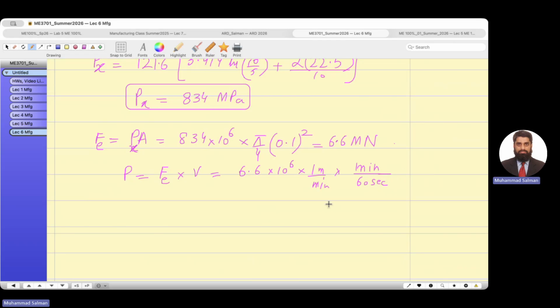So now you just do the math. And if you do the math, you get this 110 kilowatts. Can you confirm it? Yes.